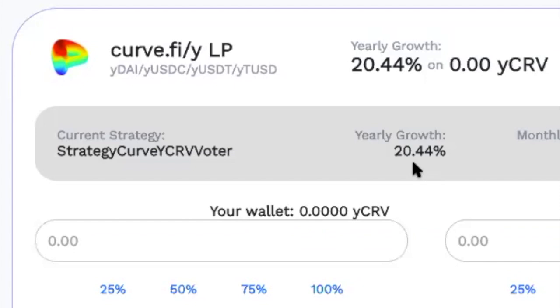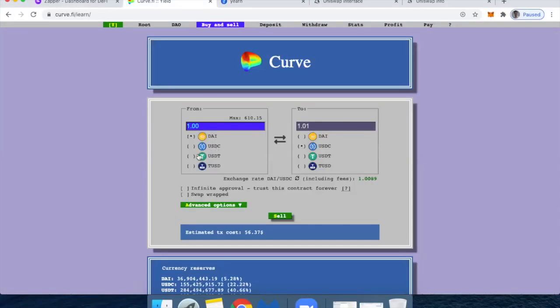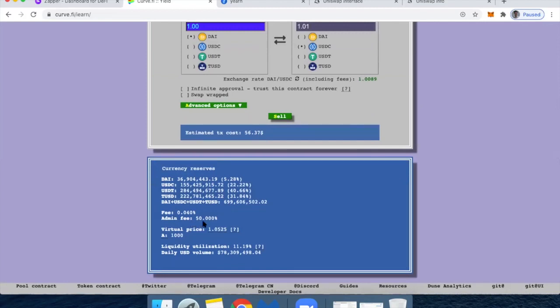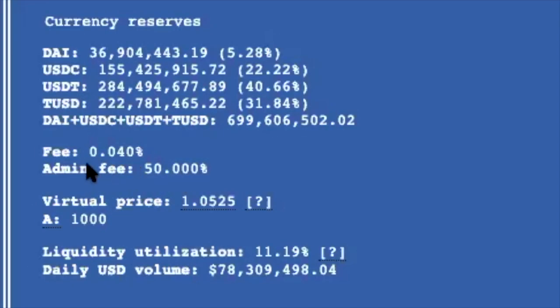Currently the estimated APY for the year is about 20.44%. It means that I'm earning multiple forms of yield now. I'm earning lending interest here. I'm earning market making fees, which you can see below here. The 0.04% is the fee that you want to pay attention to.